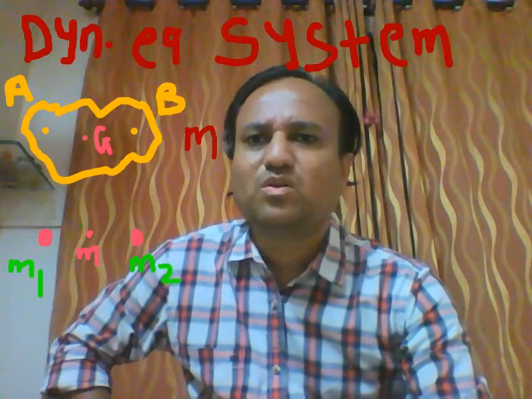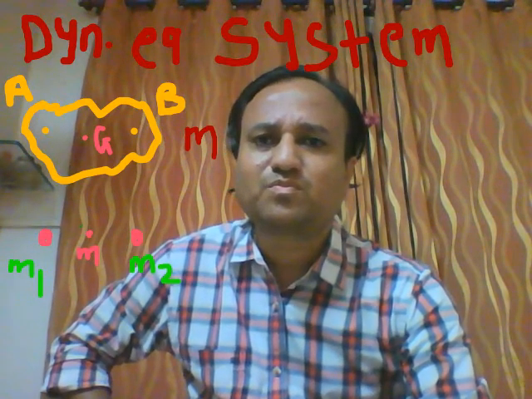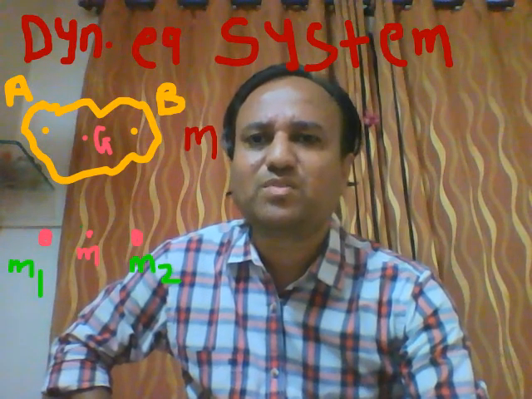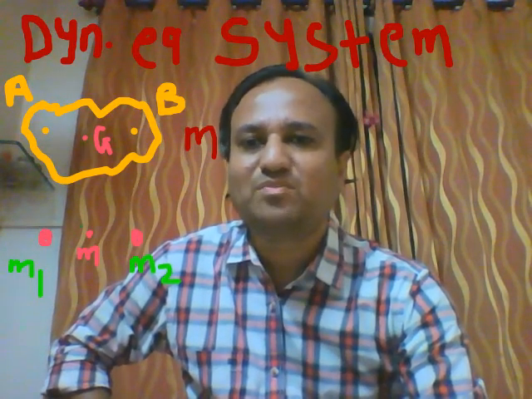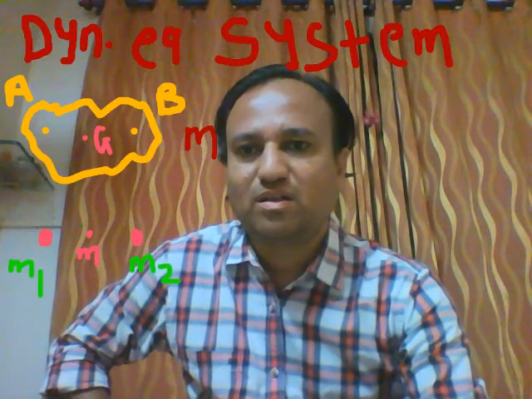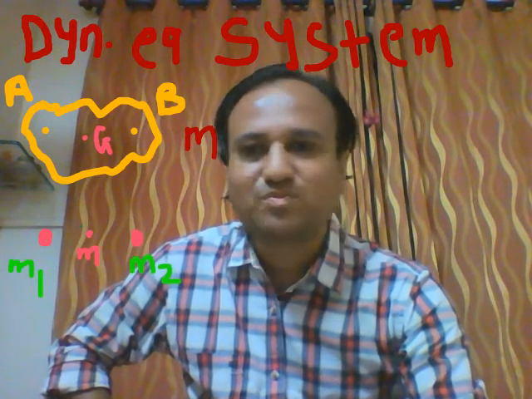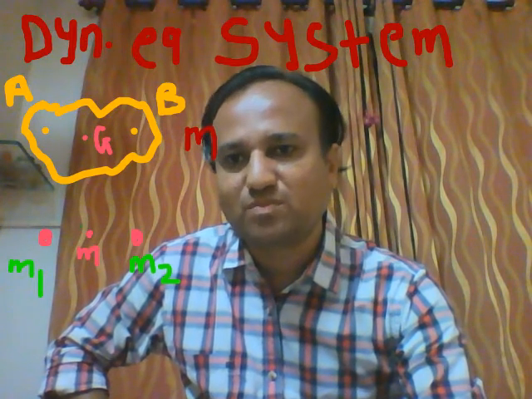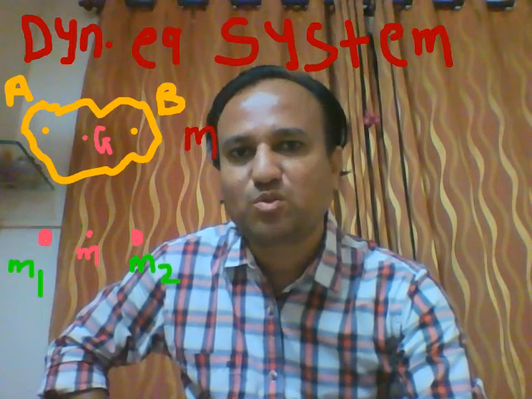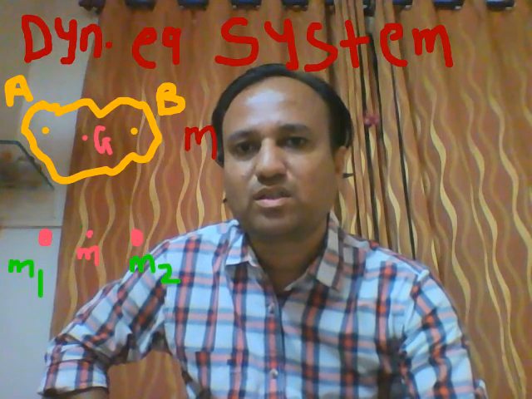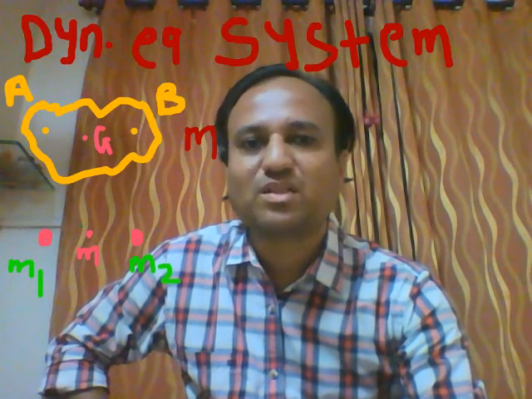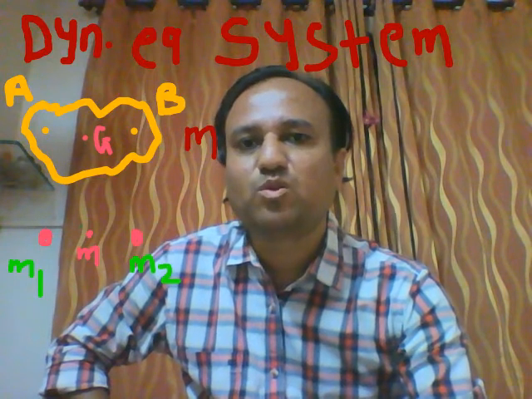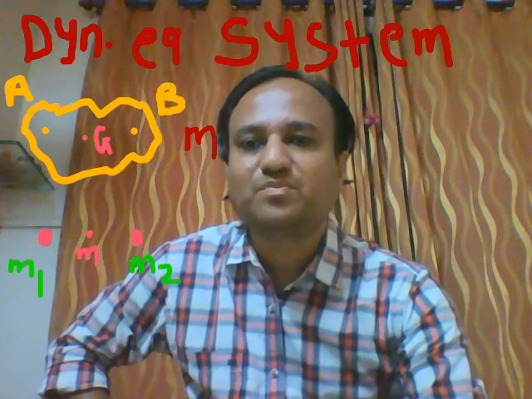So what I will do, I will convert this single point system into a 2 point system. In the figure below I have drawn a point mass m1 and a second point mass m2. So this rigid body having mass m, I have converted into a two mass system.